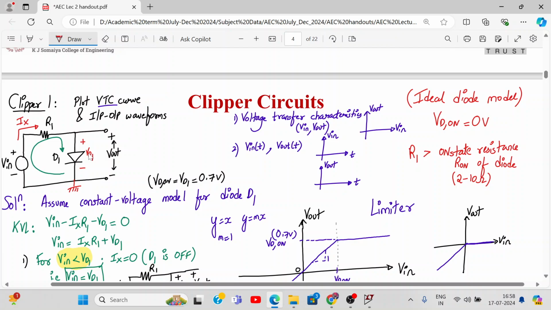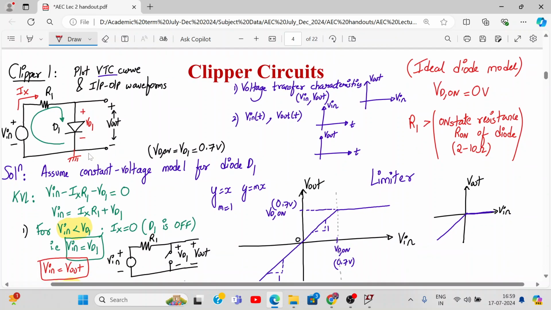So this R1 value should be greater than it. So you keep this in mind. Value of R1 should be greater than the on-state resistance of the diode. Got it? When the diode is off, the off-state resistance is extremely large. Okay, so this is all about the clipper 1 circuit.